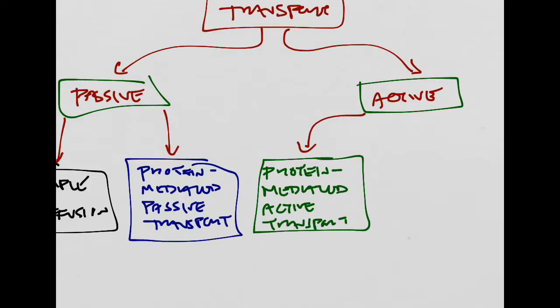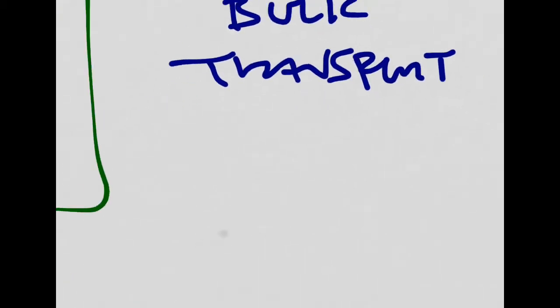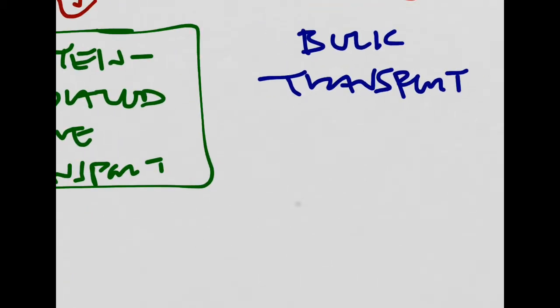And then finally, we have what's called bulk transport. And bulk transport actually has a couple of different things. We have, I'll go red here, we have exocytosis, which is also known as secretion.